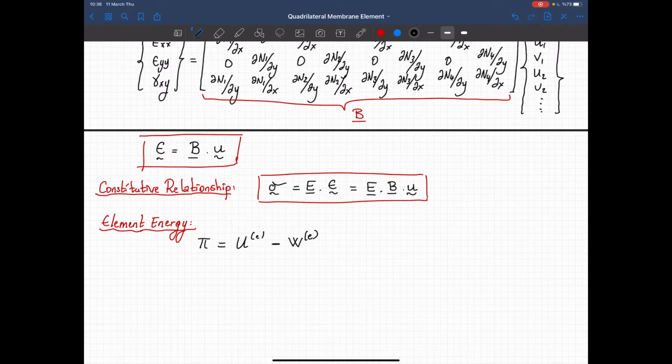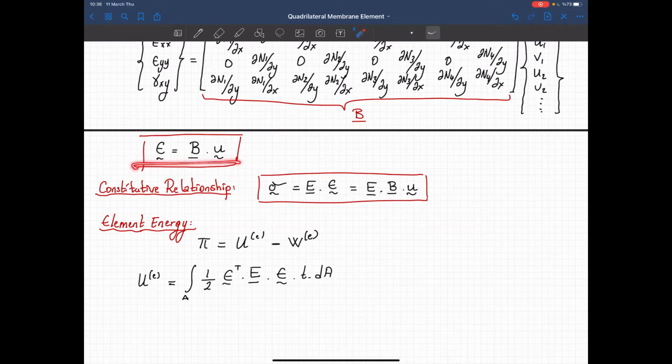So let's start from the element internal energy. U element is equal to the integral over the area of 1 over 2 strain transpose multiplied with the constitutive relationship multiplied with the strain itself, and T times dA will give me the area.